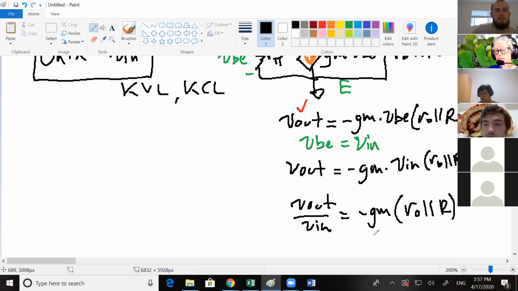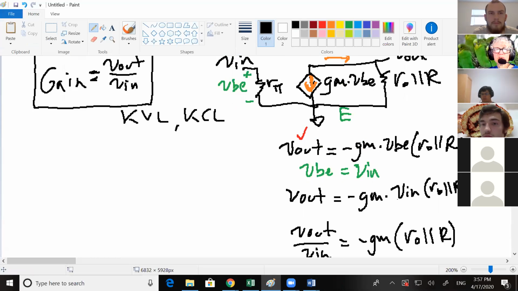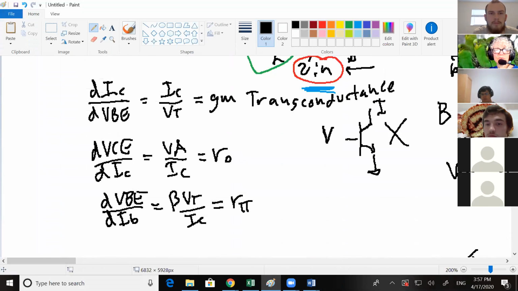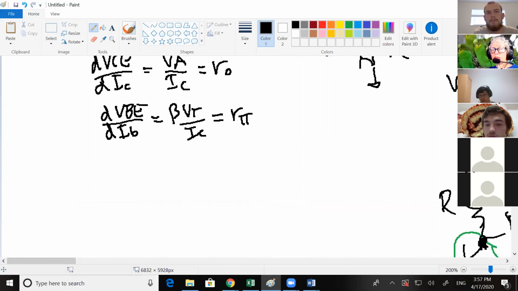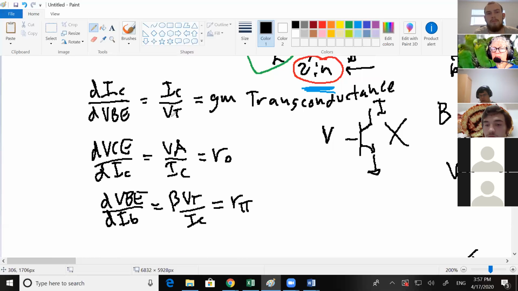And if you notice, there's GM right here. If you say, well, wait a minute, I don't know the value for GM, you have to go back to these equations right here. You know GM equals IC over VT. And you biased your circuit to have a certain current through it. So that's your IC, and VT is your 26.9 millivolts or whatever it is. You could have put this right into the small signal model, but now you have fractions going on in there and other stuff.